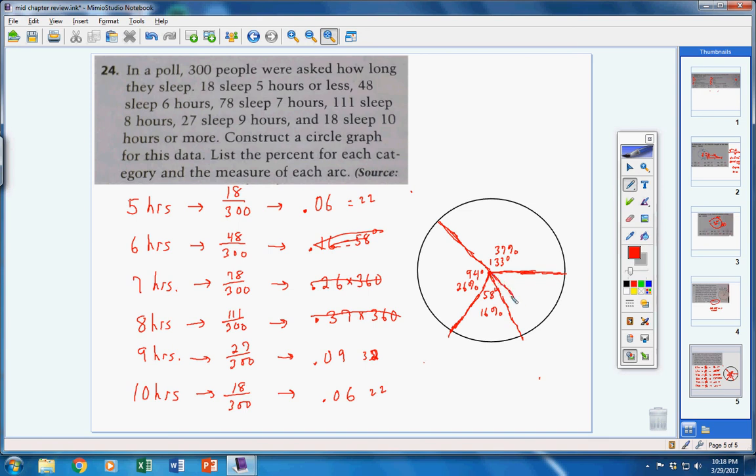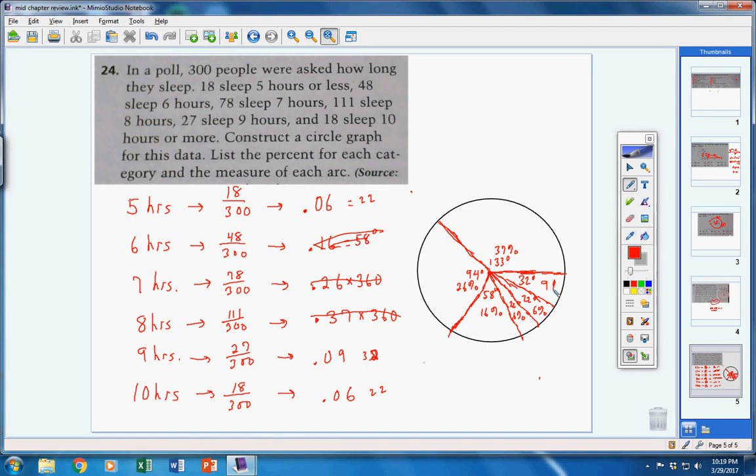Let's kind of do it like this. And then 22. And that last one should be bigger, so we're going to call that one 32 degrees. So that's good enough, students. We'll call this one 22 degrees, which is 6%. And we'll call this one 32 degrees, which is 9%.